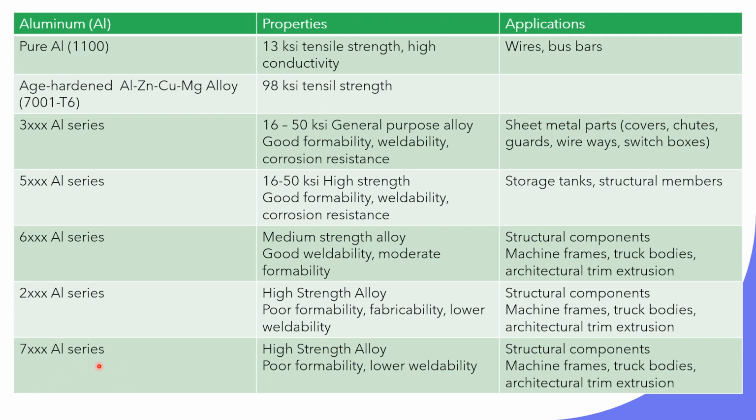So 7 series aluminum, we use them in structural components because of their high strength alloy property, and their poor formability, and they have very low weldability. We use them in machine frames, truck bodies, and architectural trim extrusion.